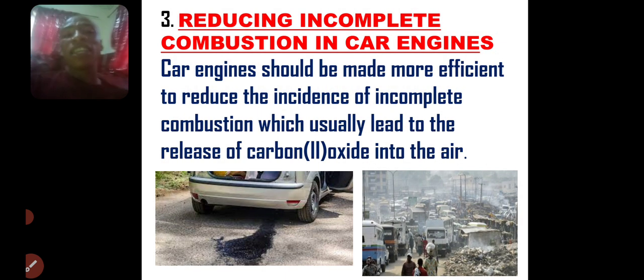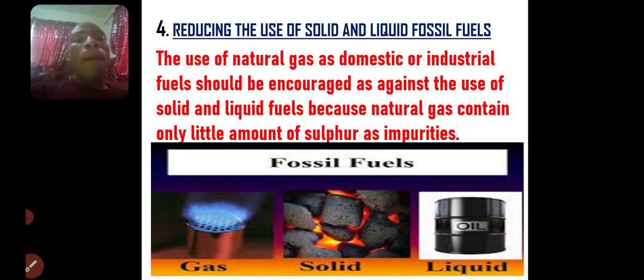Number three, let engineers that are making these vehicles make it so that the incomplete combustion will reduce, and then there will be less carbon monoxide and less hydrocarbon in our atmosphere when they make engines that burn fuel completely. Then number four, by reducing the use of solid and liquid fossil fuel.